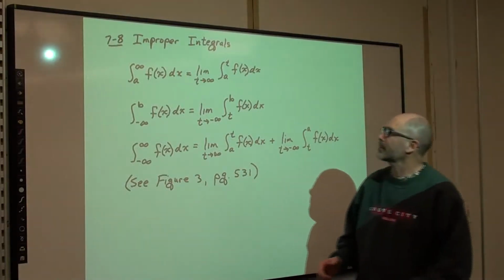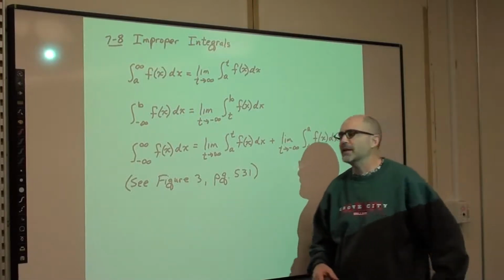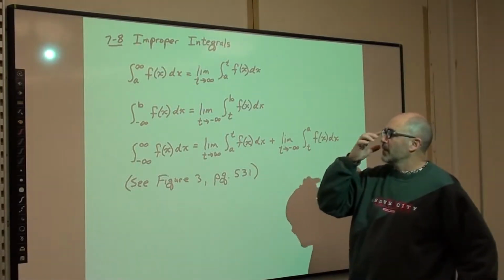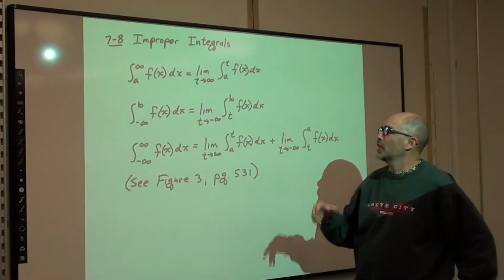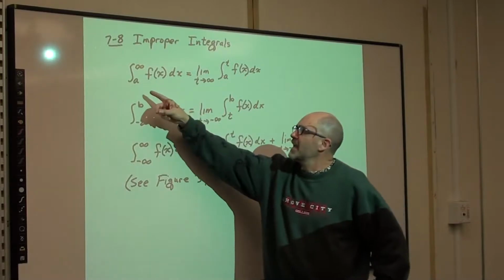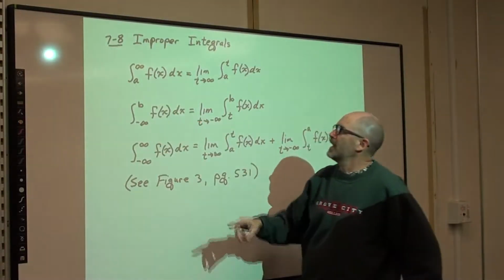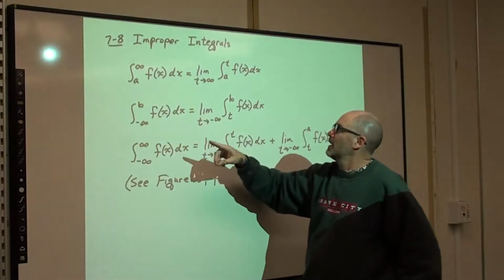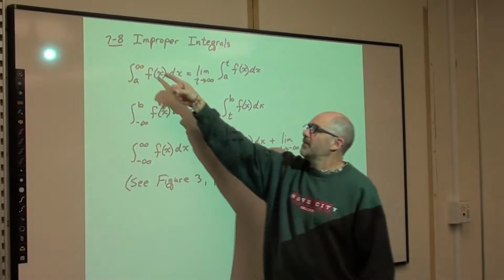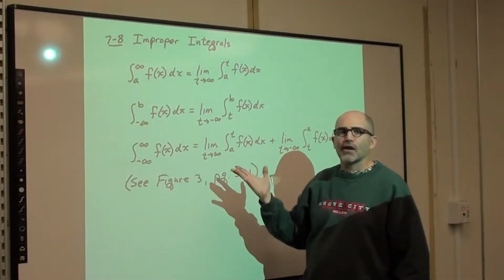All right, we're going to do improper integrals, which basically means integrals where one of the limits of integration is infinity. So, first thing, if we take the integral from a to infinity of some function, it's really not proper to use infinity as a limit of integration because it's not a number.